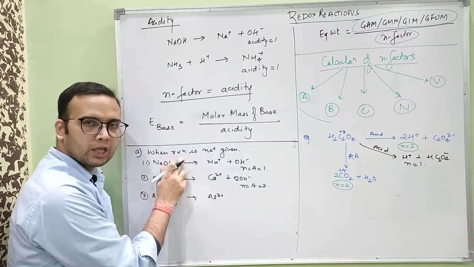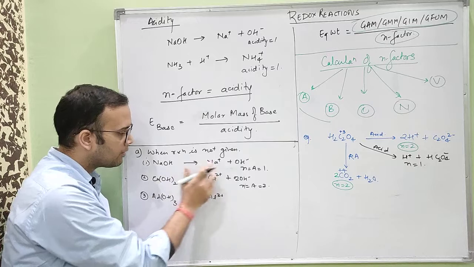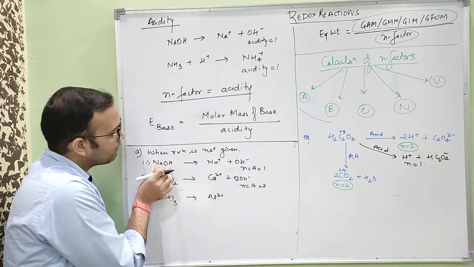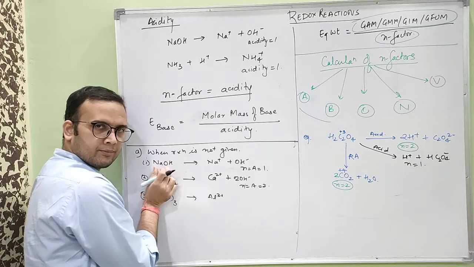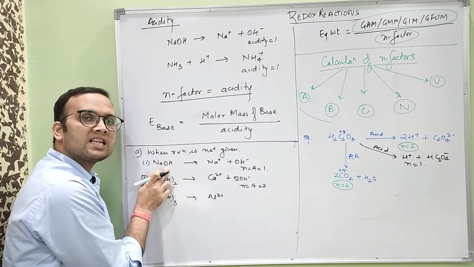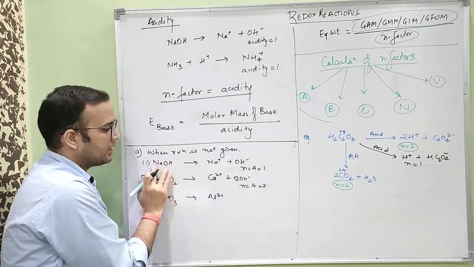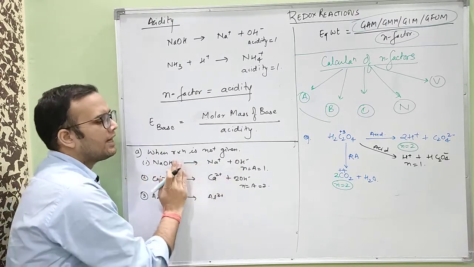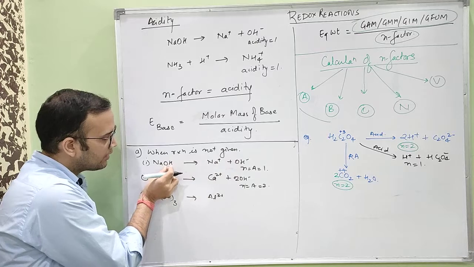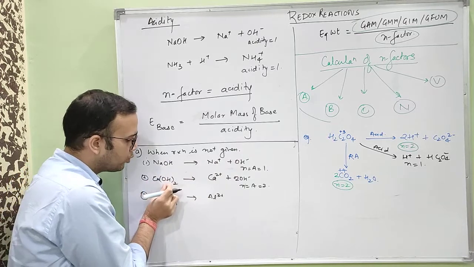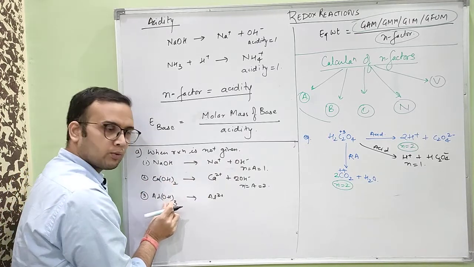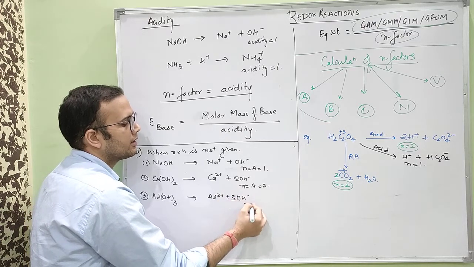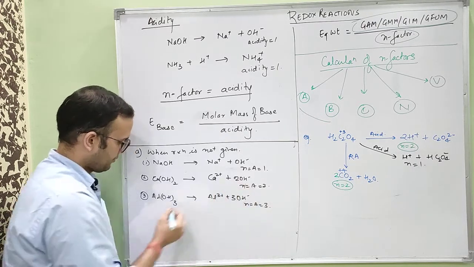When the reaction is not given, I'm just saying if NaOH is given, how will you calculate its acidity? Basically it will give this only. You don't really need to write these equations. You can see that there is one OH over here, 2 OH over here, 3 OH over here. So we can say that its acidity is equal to 3.